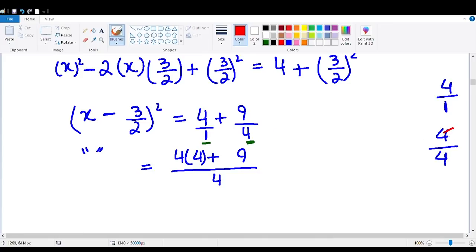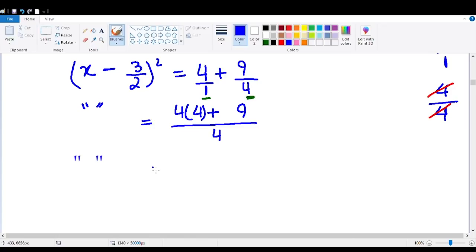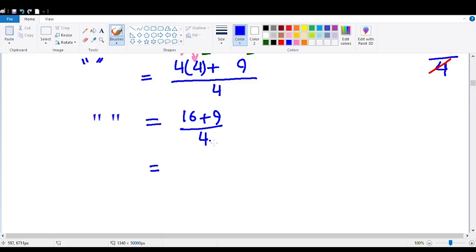So 9 will multiply with 1, there's no need to write that. When this 4 multiplies with 4, we'll get 16, so we'll get 16 plus 9 over 4, and then 16 plus 9 is 25, so 25 over 4.